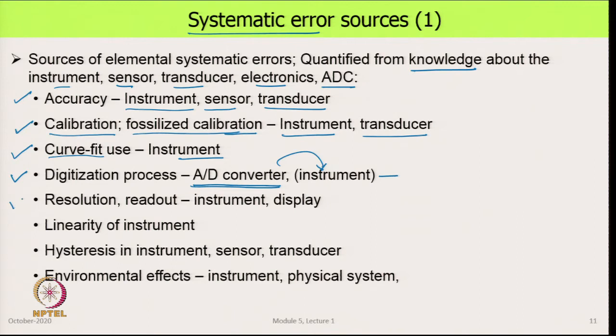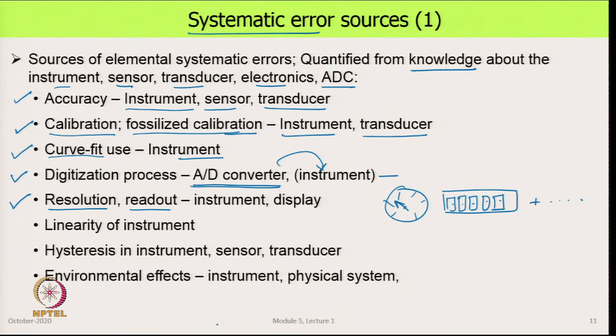Then we have systematic errors associated with resolution or readout of the instrument or the display. So, this is simply what it means. We have a dial on which there are certain markings and there is a pointer and we read from there. Alternately, we have digital indicators which put various numbers and we read those. And there could be some other techniques also.